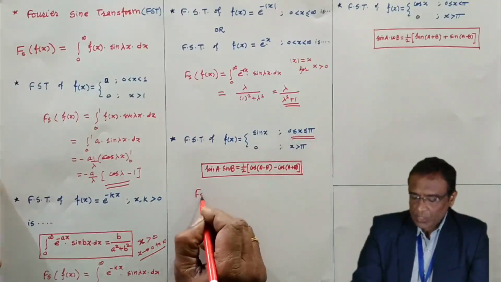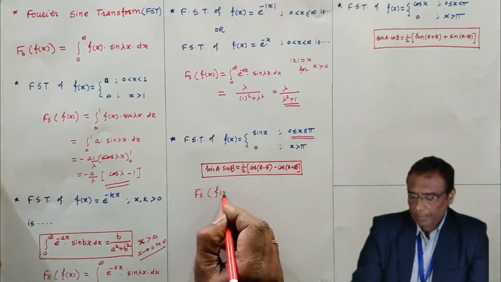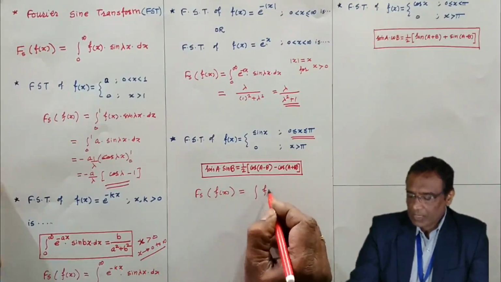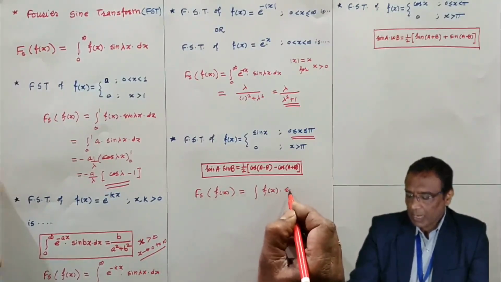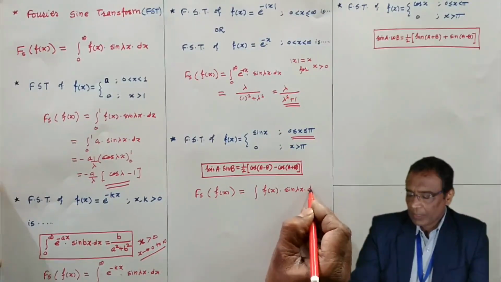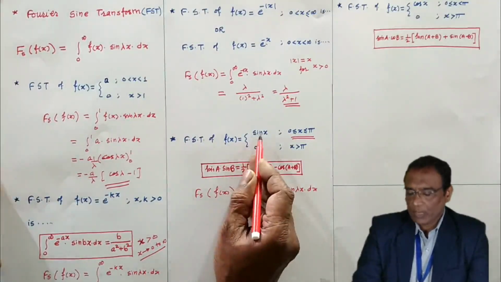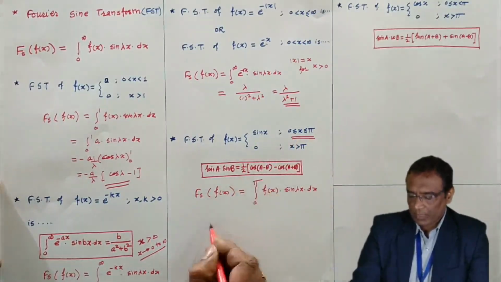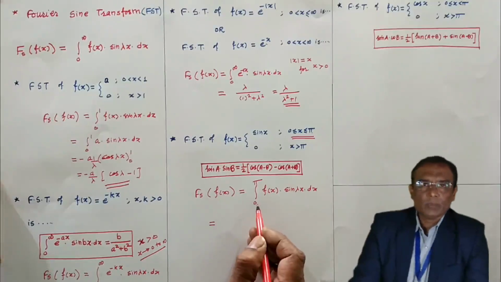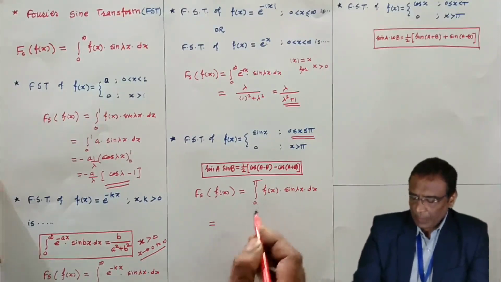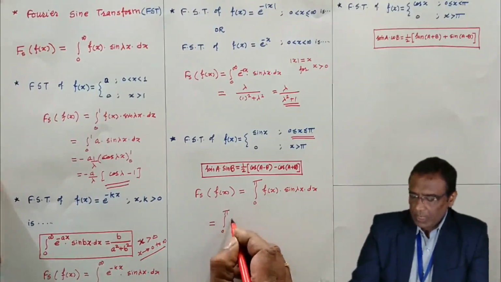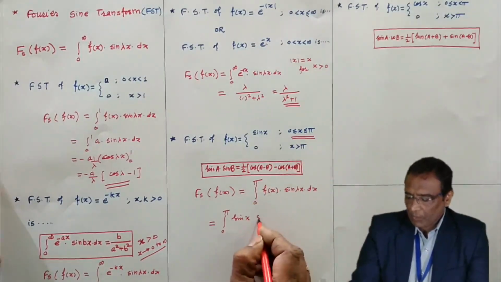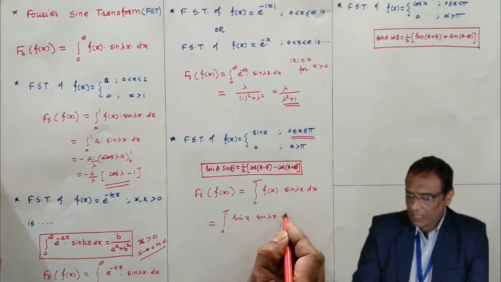The Fourier sine transform of f(x) is the integral of f(x) sin lambda x. The f(x) has a non-zero value sin x for 0 to pi, so I am writing only 0 to pi. I am doing this only to reduce the steps. Now f(x) is sine of x, that is given to you for this range, and sine of lambda x is as it is.